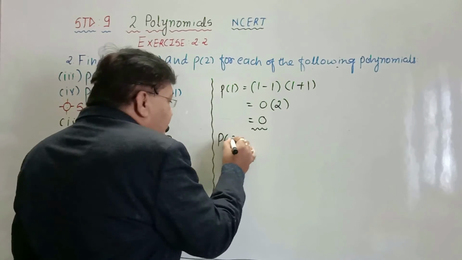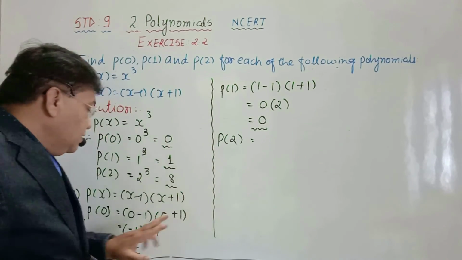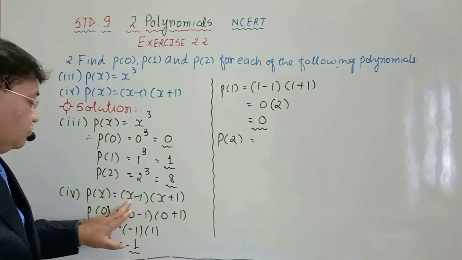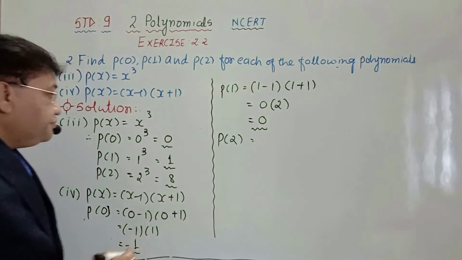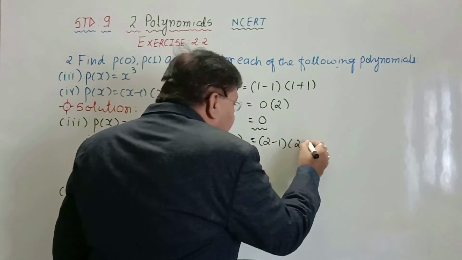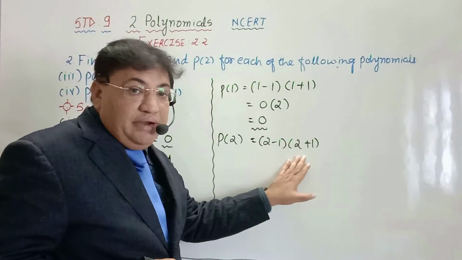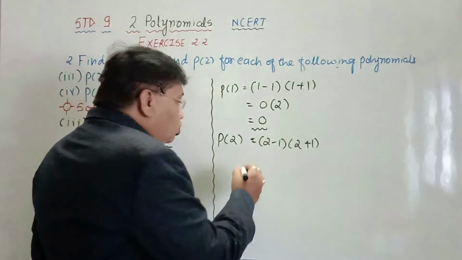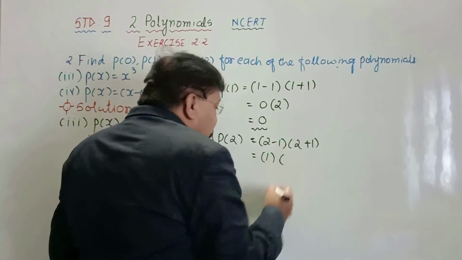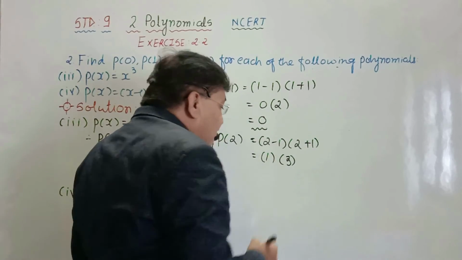Now we find the value of P2. Right? So in the RHS, in place of x, we write 2. Here 2 minus 1 and 2 plus 1. In the two brackets we write, 2 minus 1 is equal to 1, and 2 plus 1 is 3.